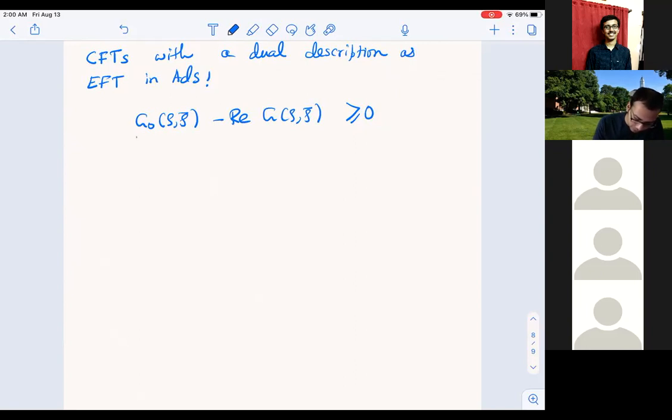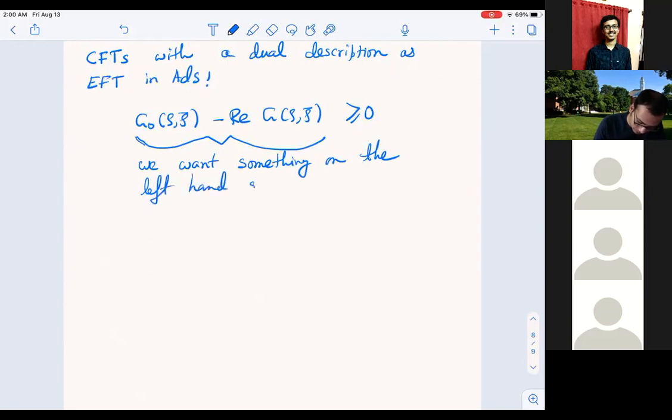This quantity on the left hand side, for the purpose of our discussion, we want something on the left hand side that depends only on the interacting part of the EFT.